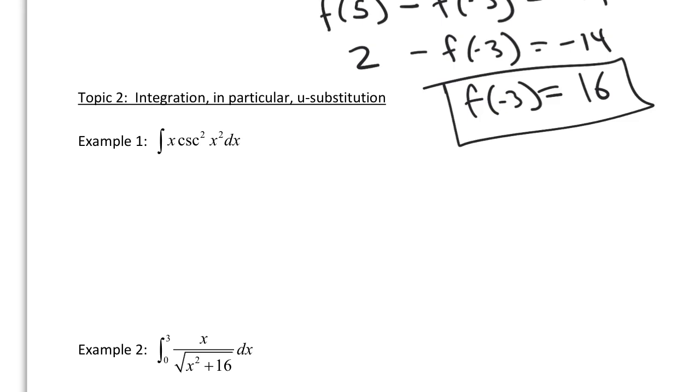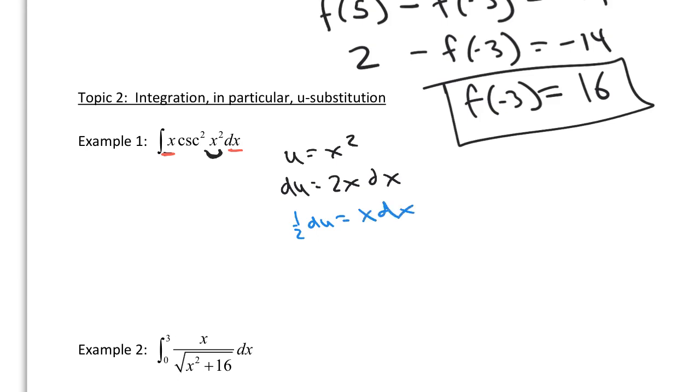So here, remember, u substitution. We're taking the integral, and what I want to do is find something where I can plug in u and have the derivative of that thing that I make u show up on the outside. And so I have this u equals x squared, and so we'll say du equals 2x dx, and I just want x dx, so I solve this and I get 1/2 du equals x dx.